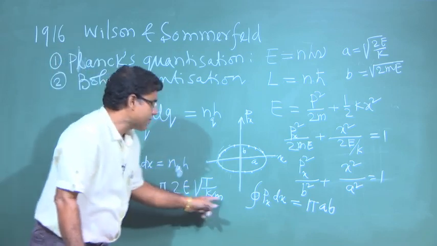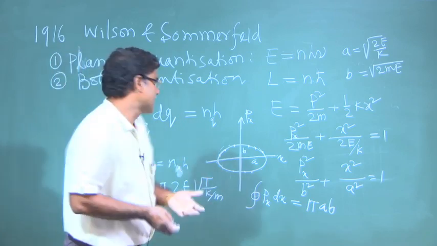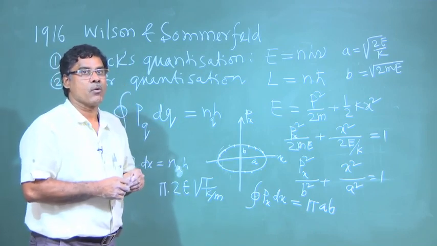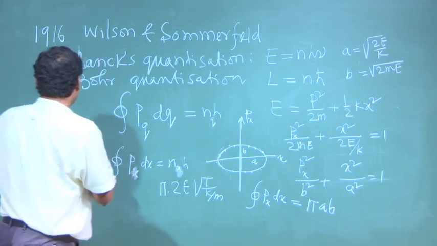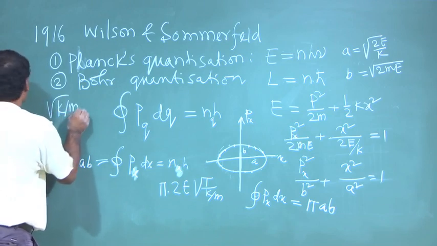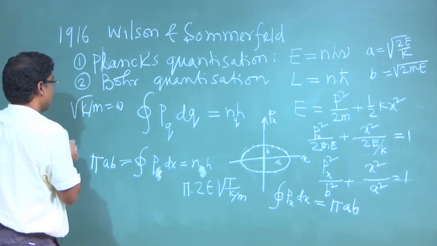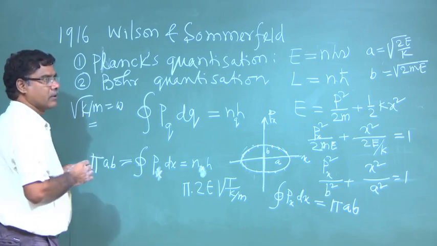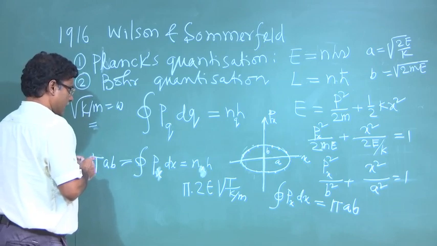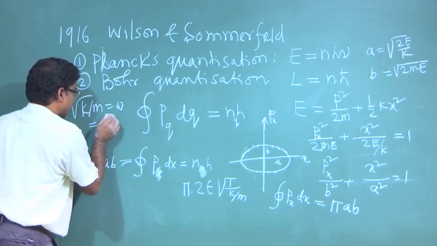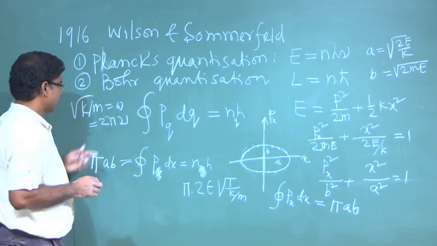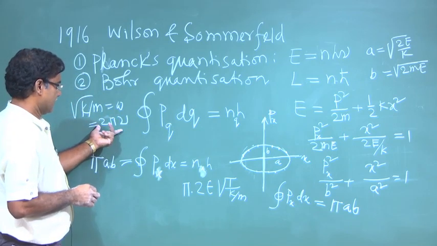Okay. So, k by m, you know, for a spring mass system, the square root of k by m is omega, and omega equals 2 pi nu, where nu is the frequency.